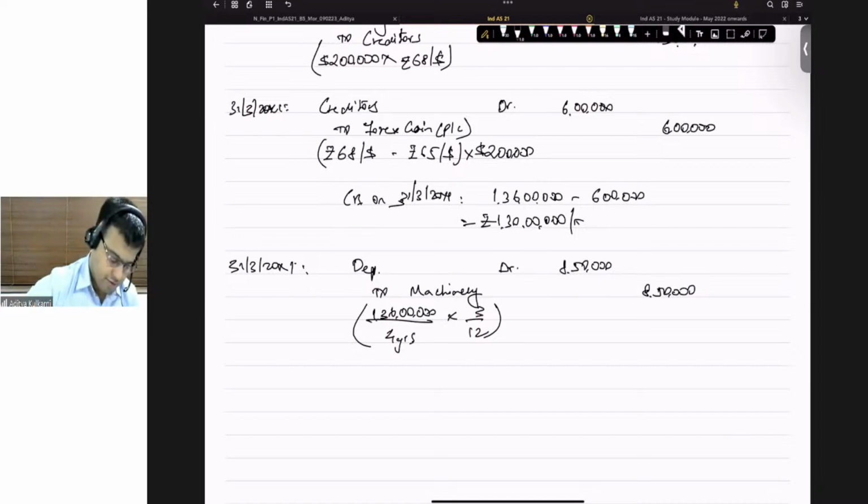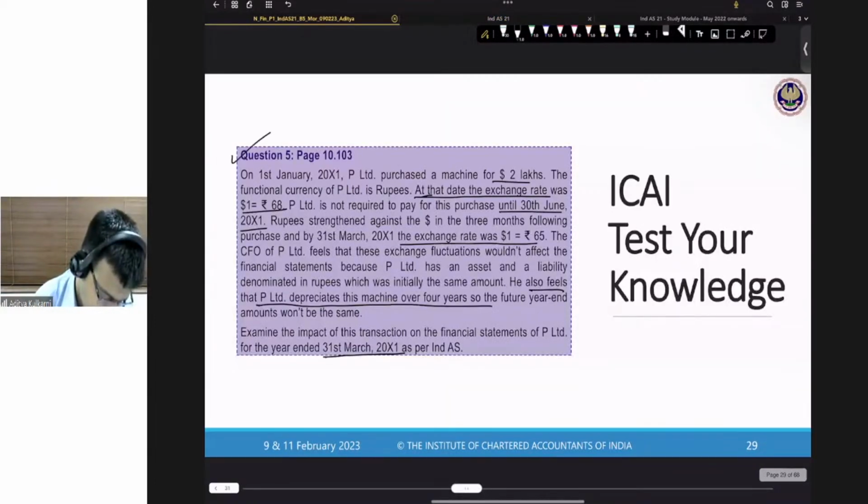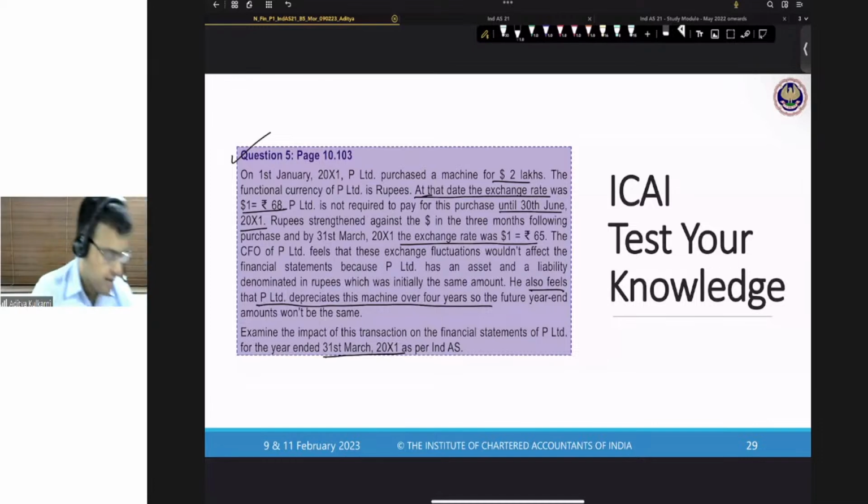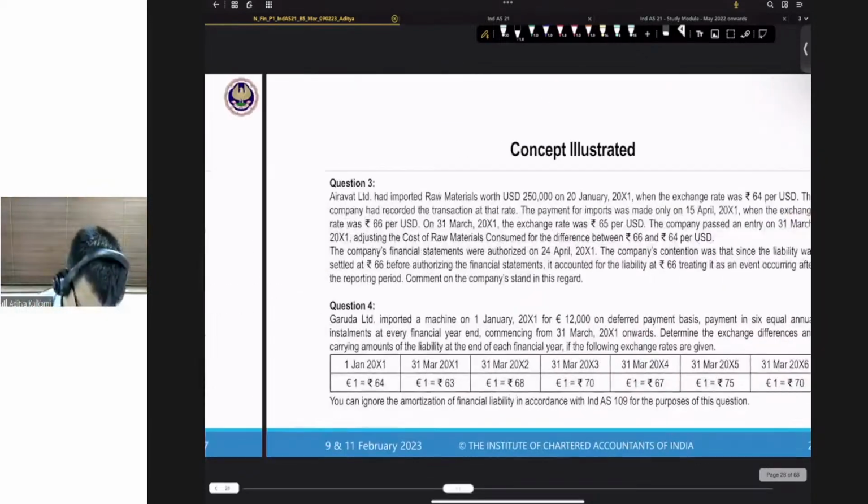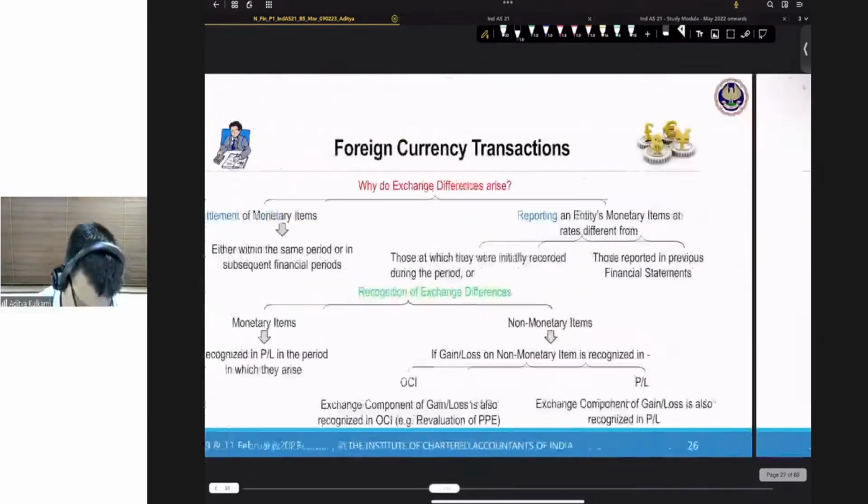Done, sir. Okay, fine. So that takes care of this question. No difficulties here. Let us then move on to the other set of foreign currency transactions.